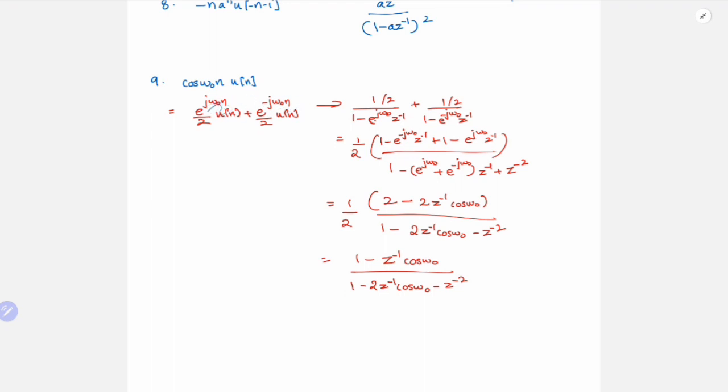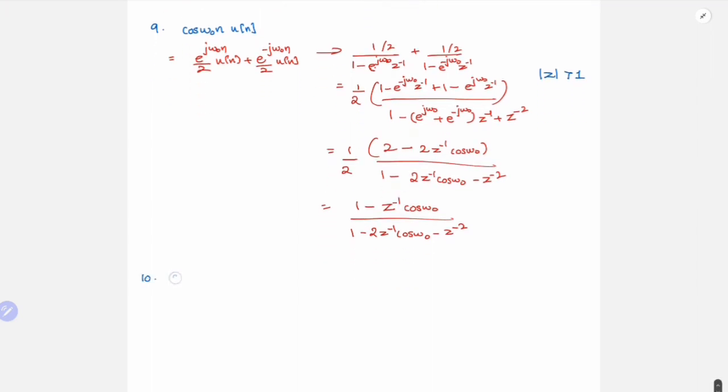So if you consider mod a equal to 1, your ROC is mod z greater than 1. Similarly for sin omega naught n u of n, you can write this as e power j omega naught n by 2j u of n minus e power minus j omega naught n by 2j u of n.